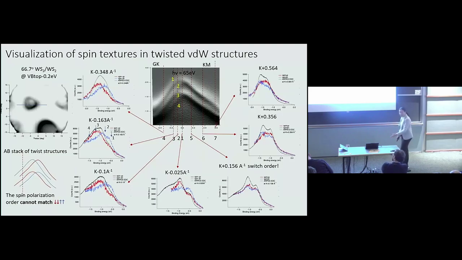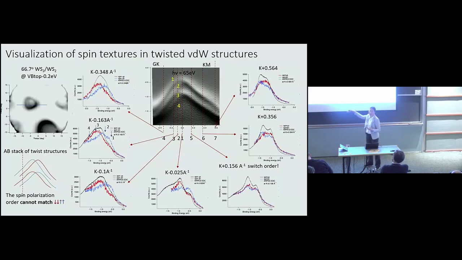But when we look at the spin-resolved structures, for example if I cut it vertically, you will see four different sub-branches: 1, 2, 3, 4. 1 and 2 are spin down, and 3 and 4 are spin up. If you move to the right-hand side, there are certain points where these two branches switch order. This is quite confusing to us as we try to draw what the band structure looks like.